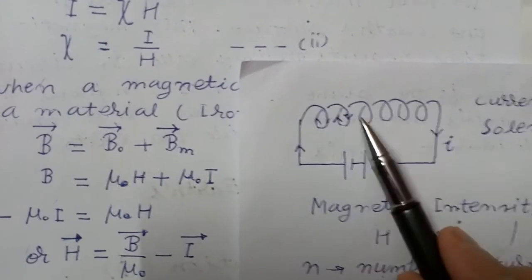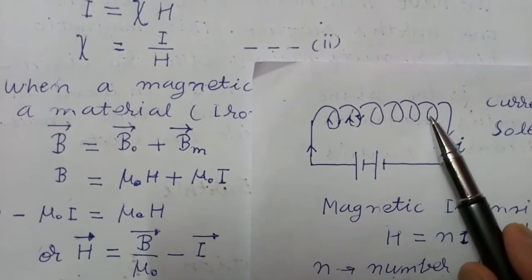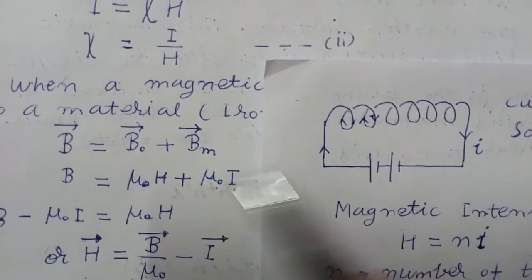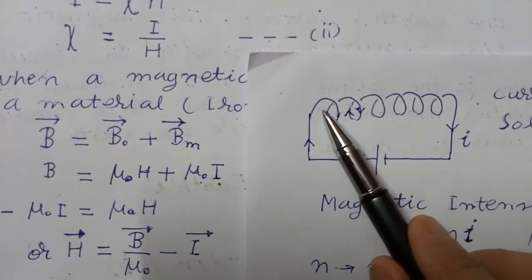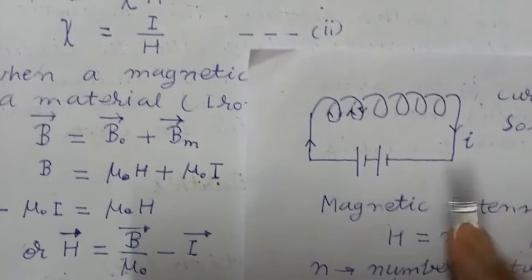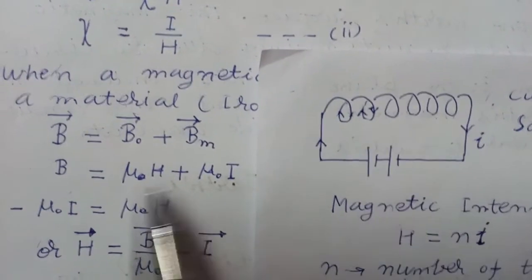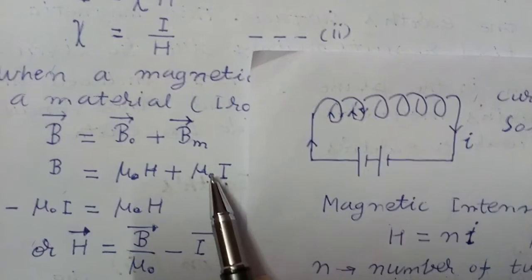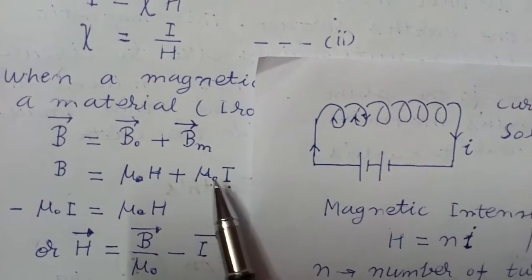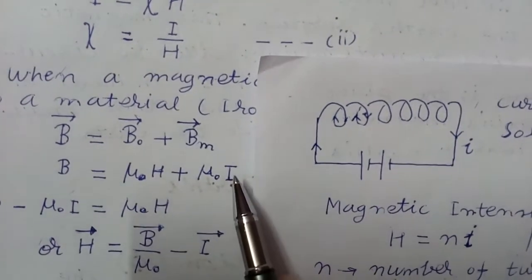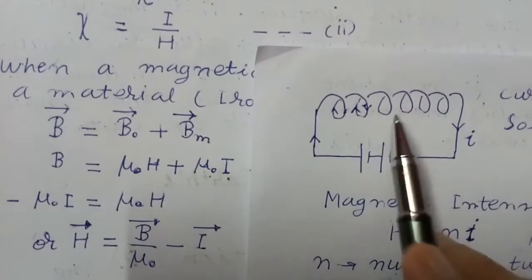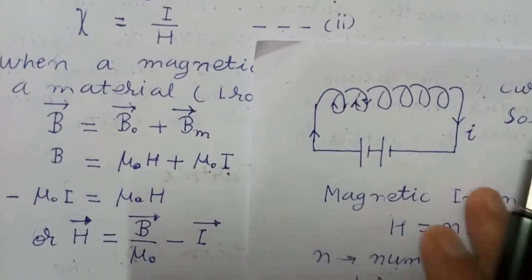Now if there is air inside this current carrying solenoid, then B naught will be equal to mu naught into H, multiplying magnetic intensity with permeability, and this Bm is equal to mu naught into I. So multiply mu naught with the intensity of magnetization of the iron bar, which now becomes a magnet.